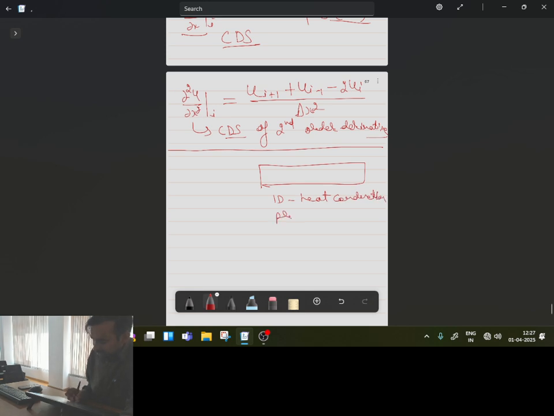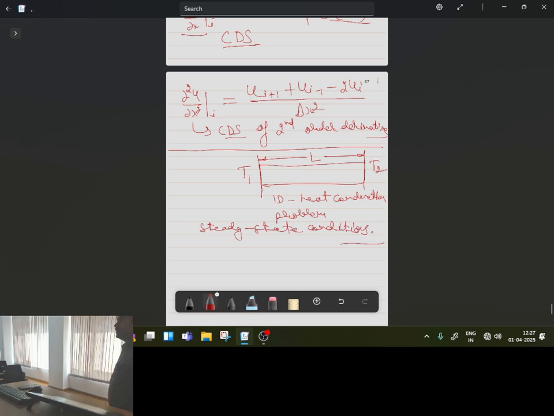Say you have a 1D heat conduction problem, and it is specified in the question that the length of the rod is L, this particular face is maintained at T1 temperature and this face is maintained at T2 temperature. You have to determine the temperature profile within this rod under steady state conditions. Is this one clear? All are clear with this idea?